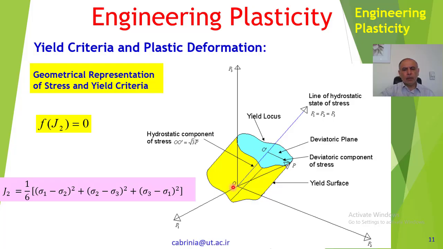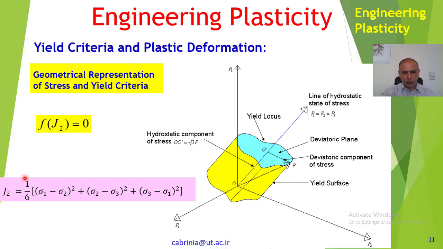If we have a vector like this, the only component that influences the yield criteria is the deviatory component of stress. That's what's shown in here.